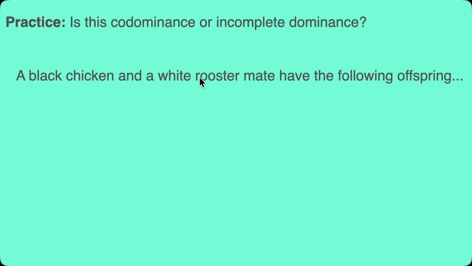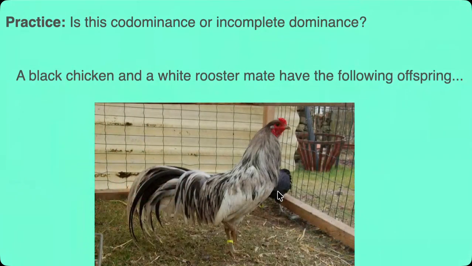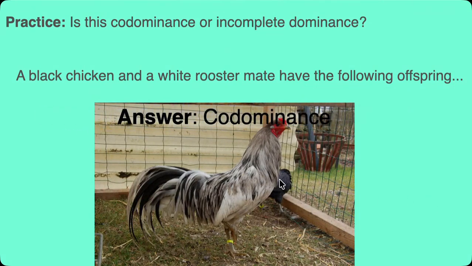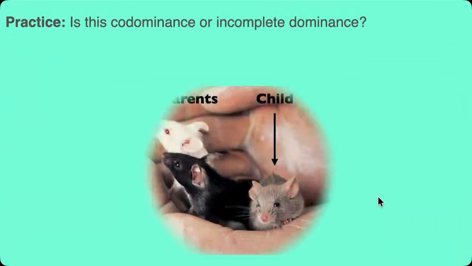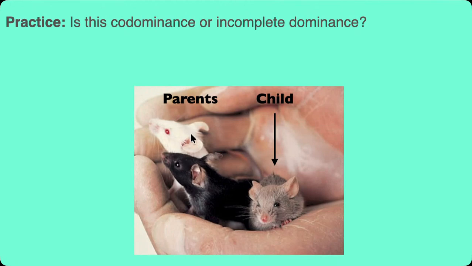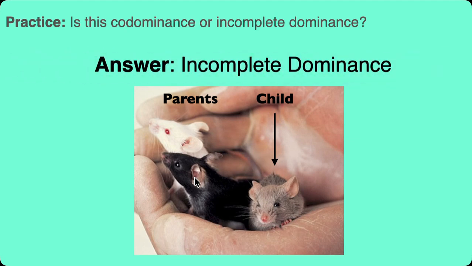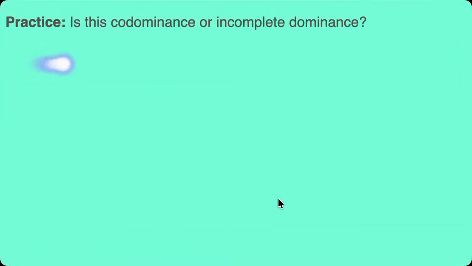A black chicken and a white rooster have the following offspring. Codominance, right? We have white feathers and we have red feathers at the same time. Albino parent and a black parent, we have a gray child. Incomplete, right? It's mixing both fur colors together.